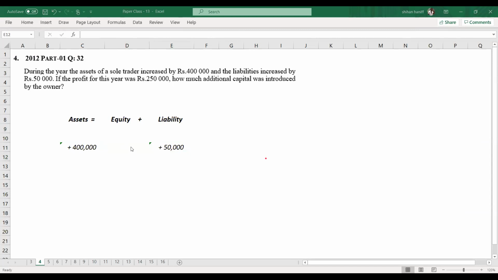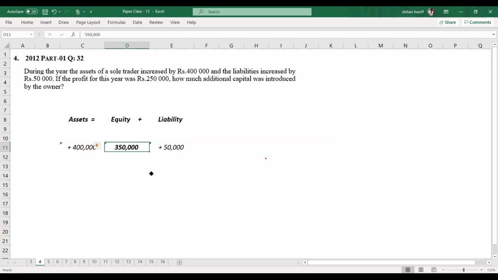Right. Then what is the equity? Equity is 350,000, because equity is equal to assets minus liabilities. Right. So you get the equity.